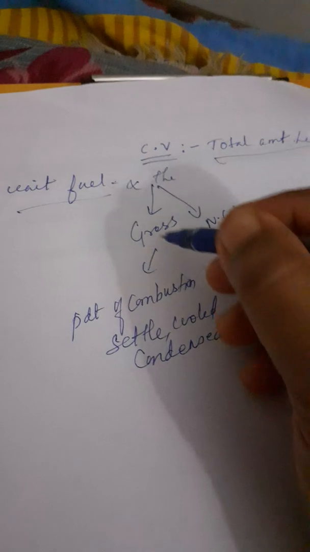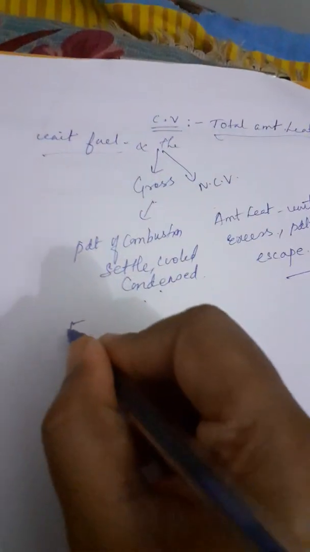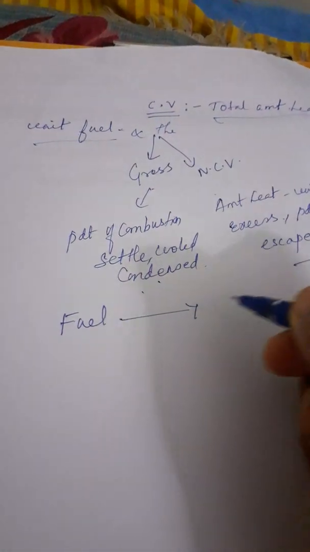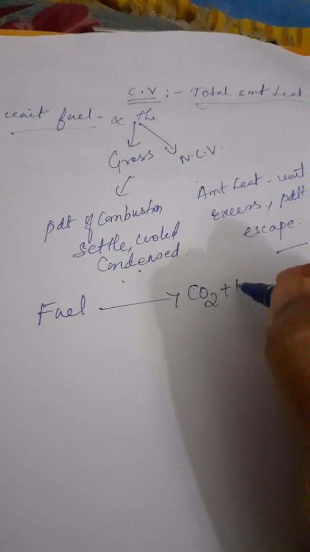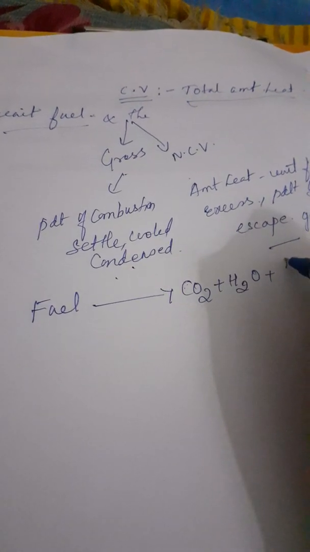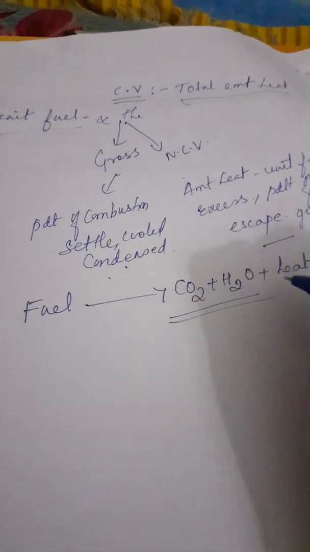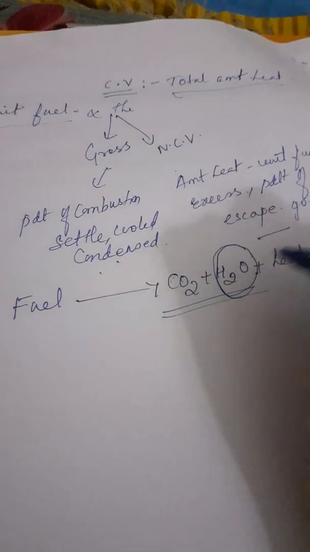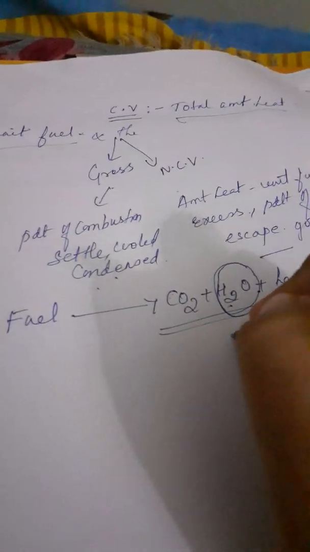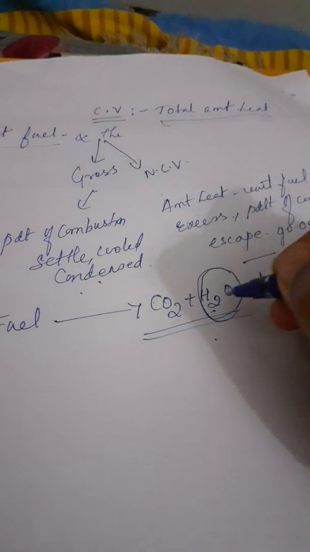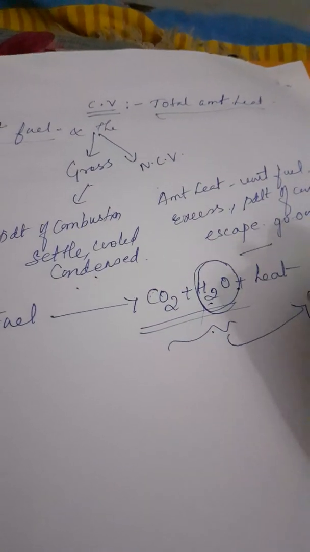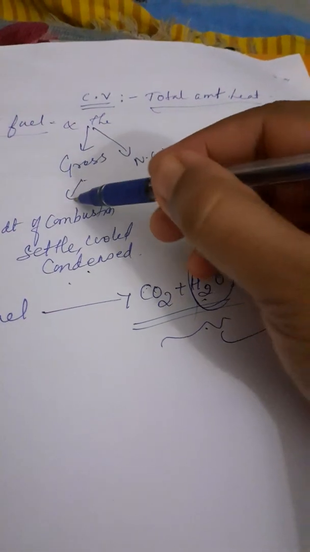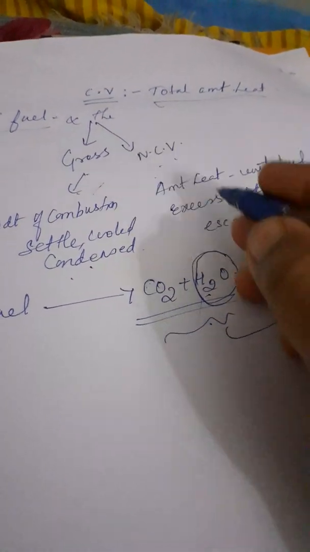So always gross calorific value will be higher than net calorific value, because whenever a fuel undergoes combustion, the product of combustion will usually be CO2 plus H2O plus heat. Here the water vapors are allowed to condense, whereas in net calorific value it is allowed to go out. Therefore always gross calorific value will be higher than net calorific value.